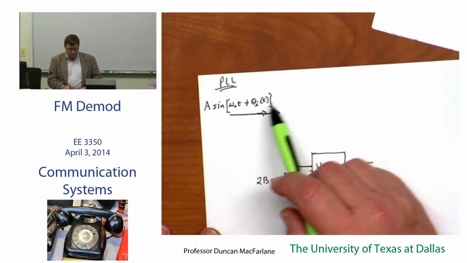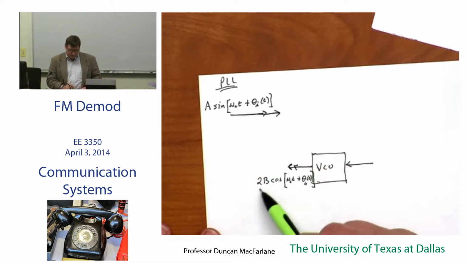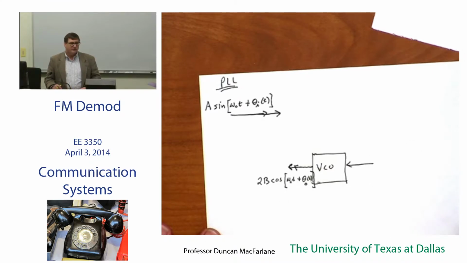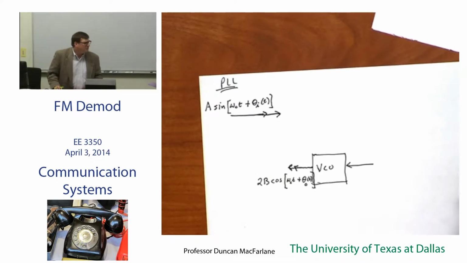A sine of omega c t plus theta input of t, minus or plus 2B cosine of that, doesn't seem to be conducive to some really fun trig identities, which we always know we love to use. So summations may be too linear, maybe too boring a way to compare those two.